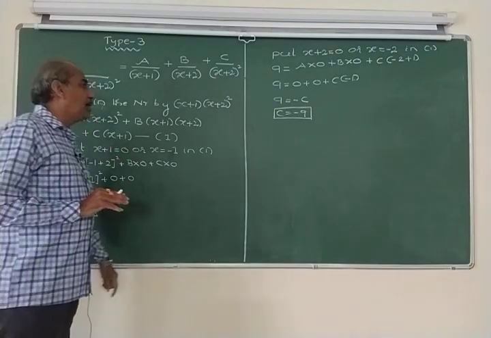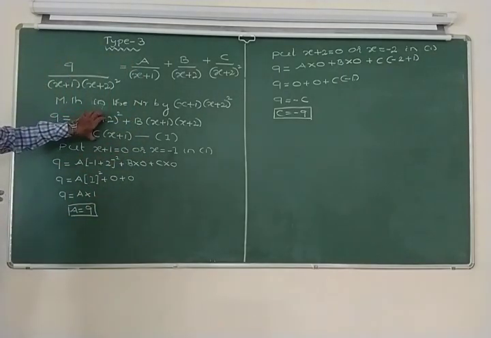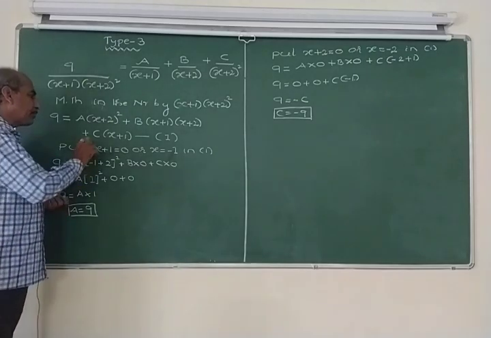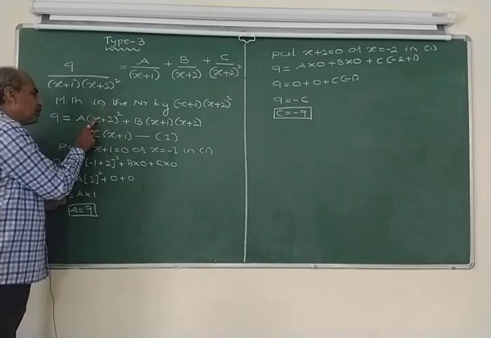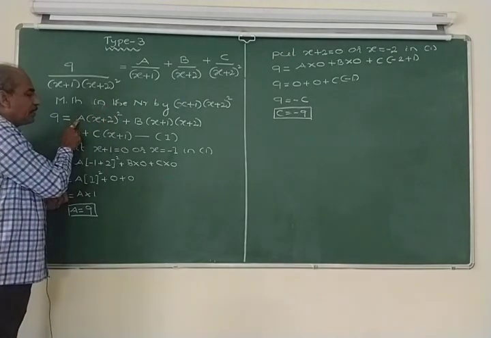Therefore, what you have to do here is equate the equation number 1, equating the coefficients of the highest power of the variable. So, in this case you observe, when you square this one, x square you will get, its coefficient is a, therefore a.